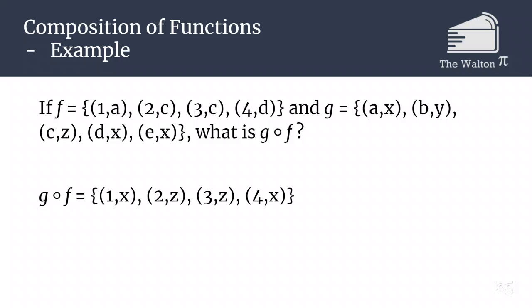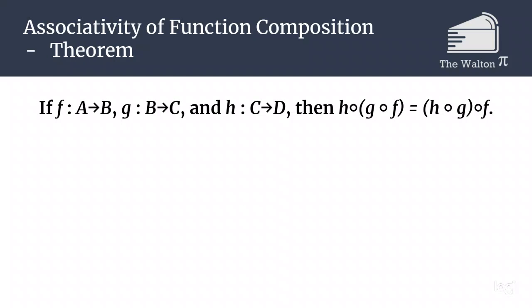Well, we start by looking at where 1 maps to under f. 1 goes to a, and then we look to see where a goes under g. So a goes to x. That tells us that we are going to have the pair (1, x) in g of f. By doing that for each of the other ones, we get that g of f is the set of pairs (1, x), (2, z), (3, z), and (4, x).